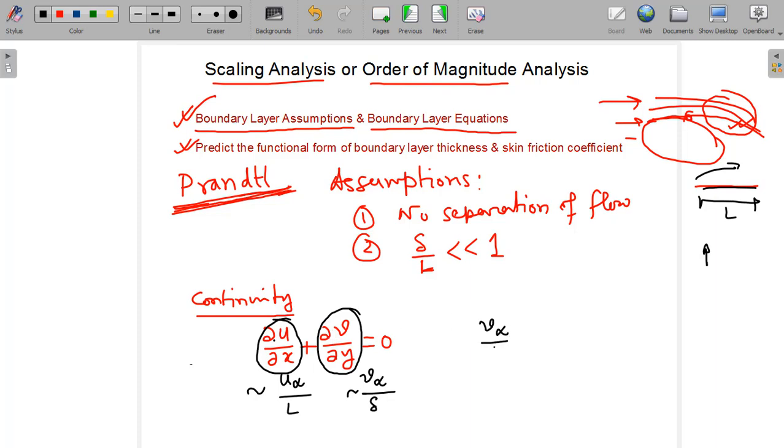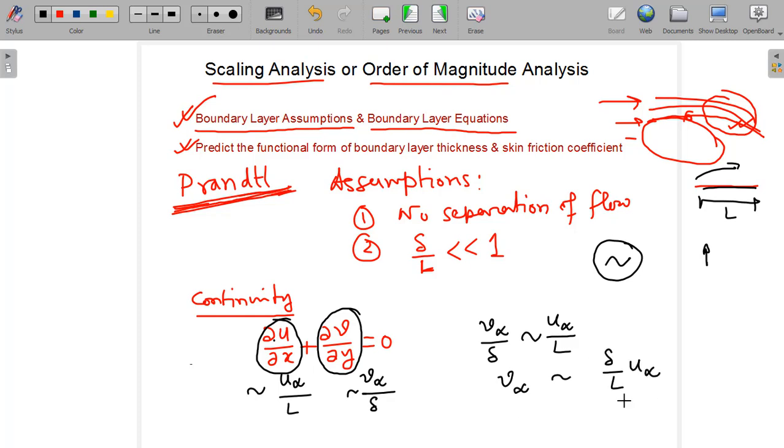So v infinity by delta is of similar order as u infinity by L. It is not exactly equal, it is the similar order of magnitude, and this is the symbol used to represent the order of magnitude. So the order of magnitude of v infinity is delta by L into u infinity.